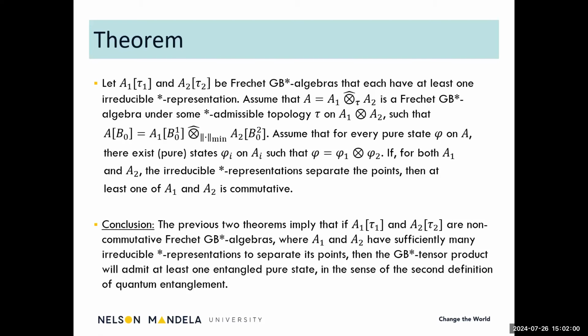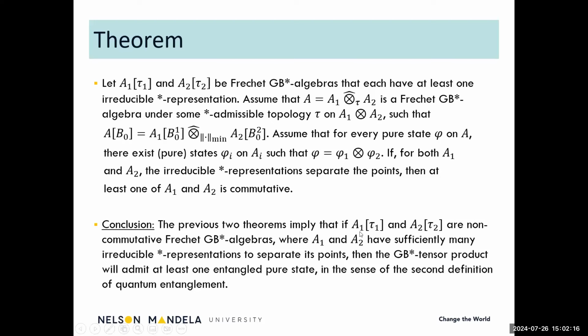So therefore, if you want a quantum entangled state, you would have to start with two non-commutative Frechet GB star algebras. That's exactly what we have in quantum physics in any case, non-commutativity.